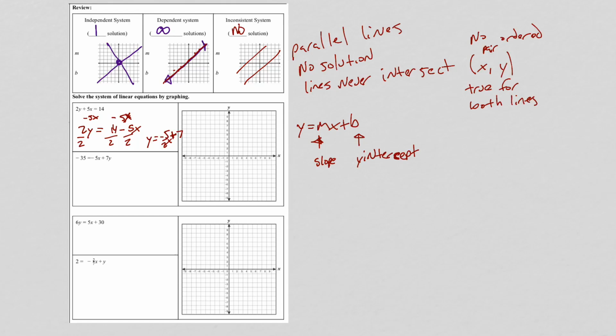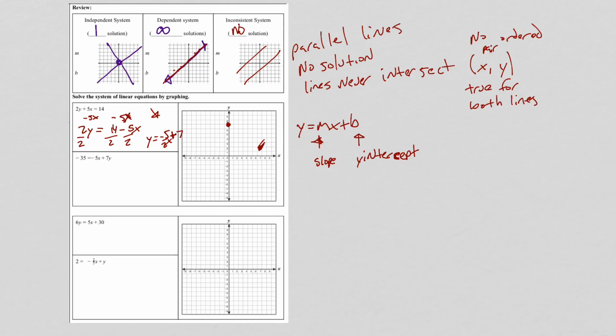And so let's plot this line now. We have a y-intercept of 7. It's a negative 5 halves, so it's going downhill. Down 5, 1, 2, 3, 4, 5 over... Oh, not 7, it's 5 halves.